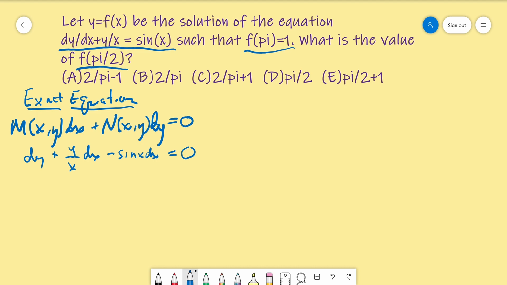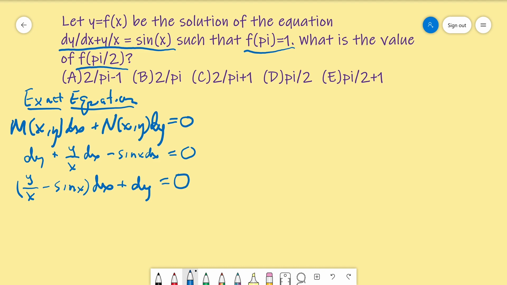Or, if we want to write it the same way that I wrote the general form, M of x, y plus N of x, y, then we'd have to write y over x minus sine x, all of that times dx plus dy equals 0.